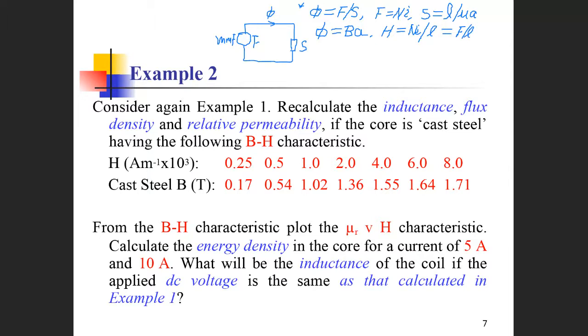We introduce the magnetic flux density related to the magnetizing strength, that is B equals mu H. Generally, if you know the values of B and H, then the permeability mu can be found by using B over H.